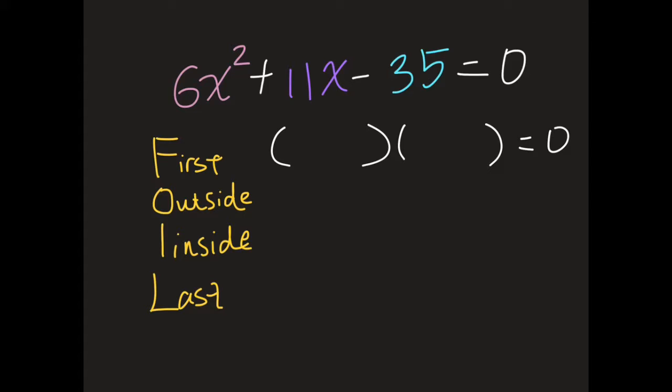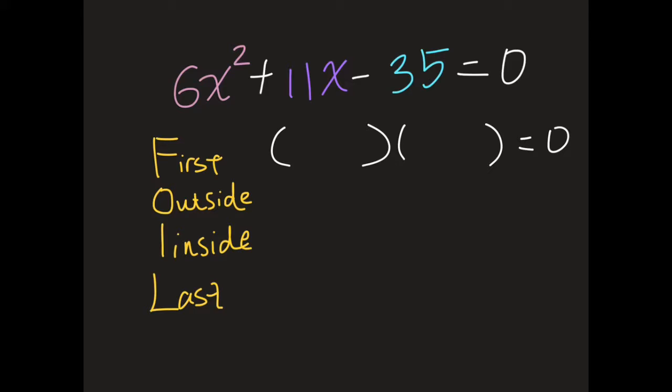If you get two numbers multiplied to equal 0, according to the law of zeros, which we will get into maybe in a next video, I'm going to teach about it later. Anyway, according to the law of 0, when two numbers multiplied equal 0, either one of those is 0 or both of them are 0.